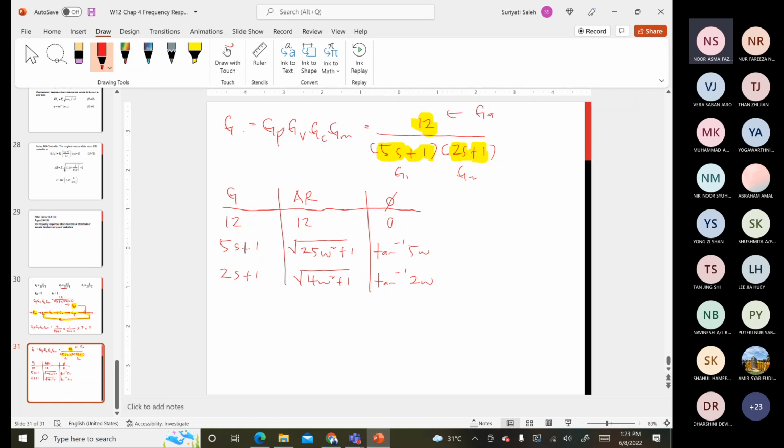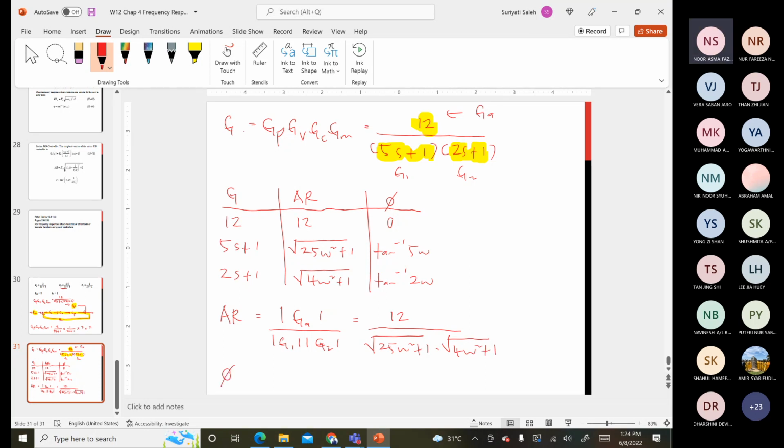So for this part, we can complete the AR, where the AR is GA divided by G1 multiplied with G2. This contributes to 12 over the square root of 25 omega squared plus 1, multiplied with the square root of 4 omega squared plus 1.